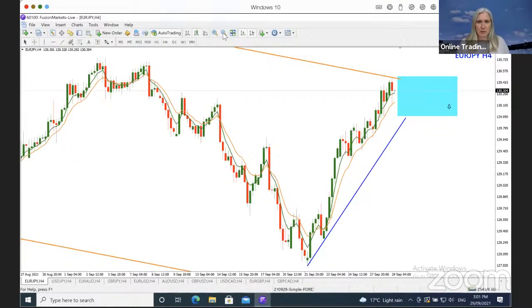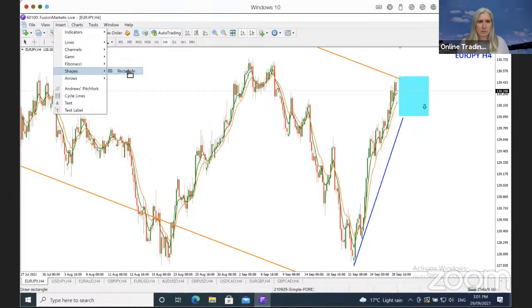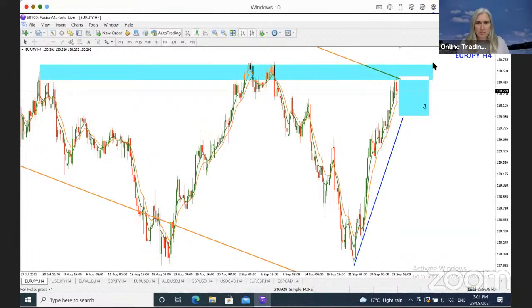And on the 4-hourly, this is what it looks like there. So I'm looking at any price action that looks like a reversal in that top channel. If I drew a channel there, I'm looking for a short anywhere in that area.